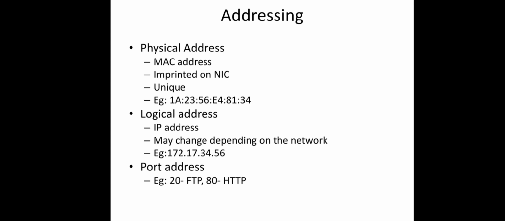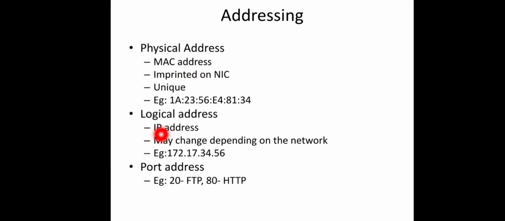There are cases of duplicate MAC IDs because of manufacturer's fault, but we are assuming that every machine's MAC ID is unique. An example of a MAC ID is a 12-digit hexadecimal number in which each pair is separated using colons. This is one method of identification of a machine, and the second one is the logical address.